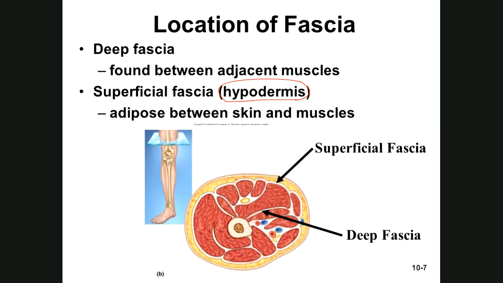The hypodermis is the adipose tissue, located in the deepest part of the skin, and it can attach the skin to the muscles. These are the connective tissues which we have around our muscle fibers.